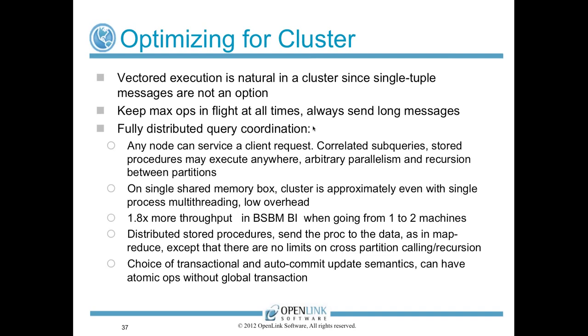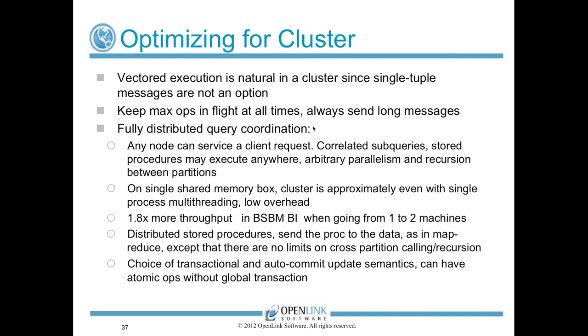Therefore, to get any benefit from any sort of scale out or parallelism, you have to be as asynchronous as possible. So never block, and have always lots of operations in flight, and as little central coordination as possible. If you have a scatter-gather pattern, where one server in a cluster coordinates the query execution, sends out tasks to other ones and blocks to wait for their reply, you can get maybe 400% CPU utilization, no matter how many CPUs you have.